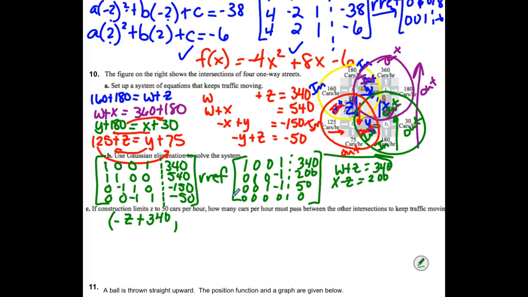So Z plus 200 is my X coordinate. My third row says Y minus Z equals 50. So again, adding the Z over to the other side, Y would be Z plus 50. And we said Z can be anything. Okay, so that's my solution to the system.